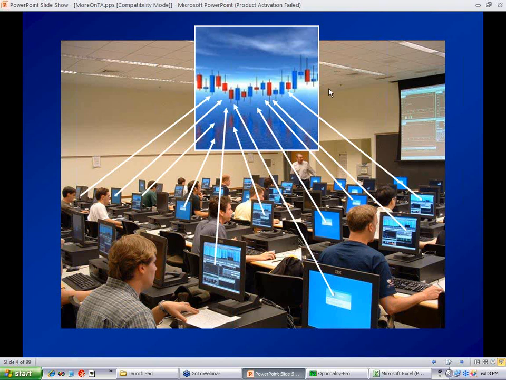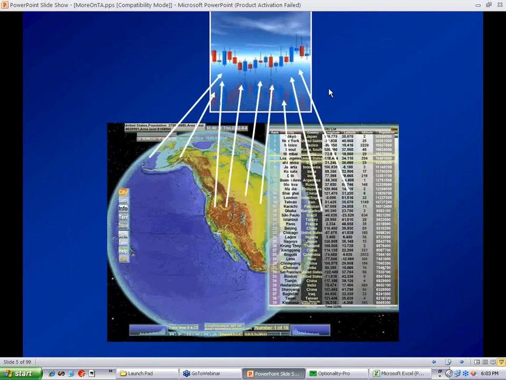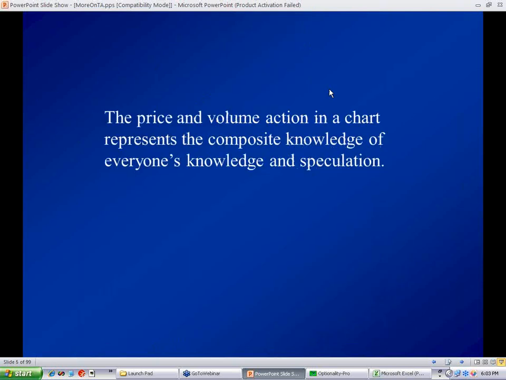So those chart patterns are the composite knowledge of everyone involved with the market. It is their opinion that is influencing the gyrations in any chart. Hence, the price and volume action in a chart represents the composite of everyone's knowledge and speculation.